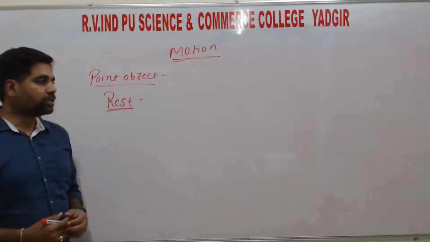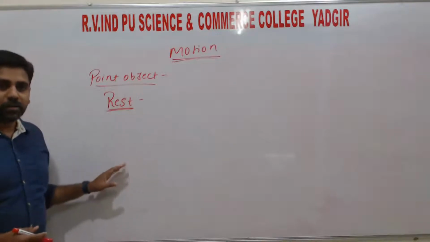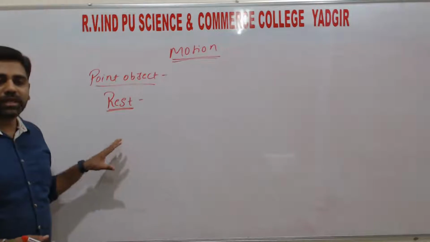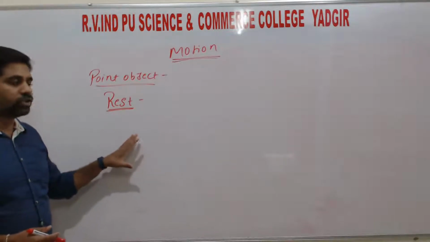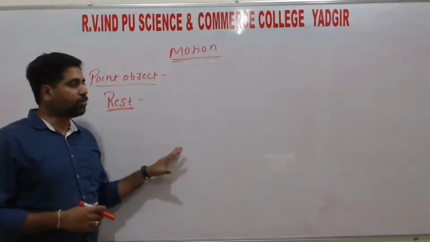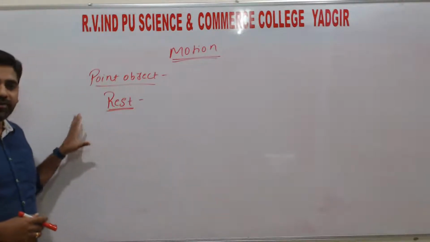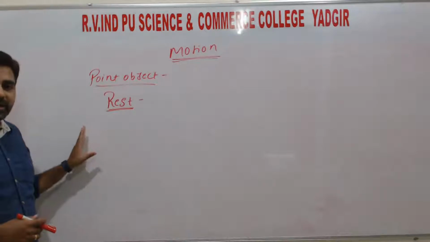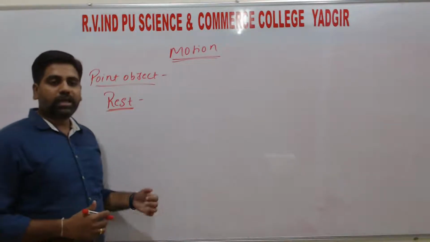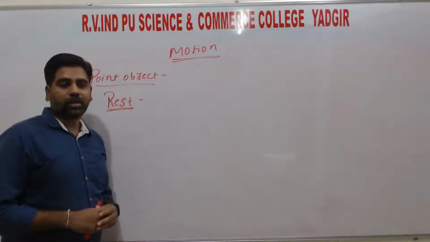For example, this board is there. We say that this board is at rest because it does not change its position with respect to its surroundings over time. As time passes, the board where we placed it will be in the same place only. Then we say that this board is at rest.